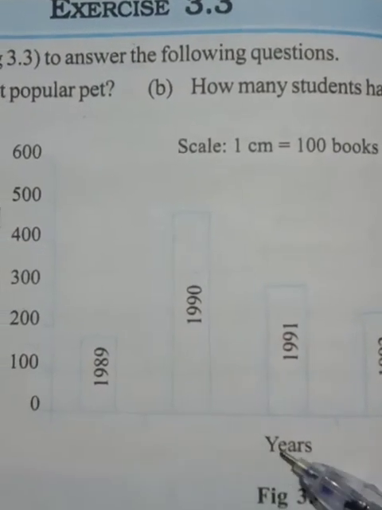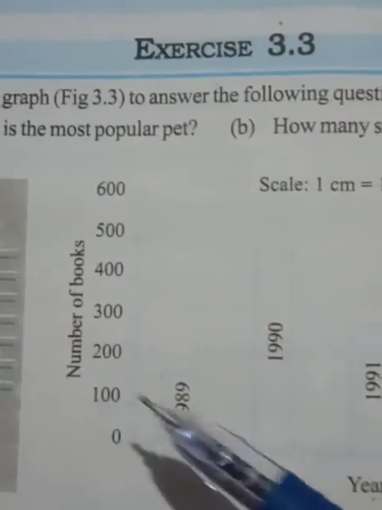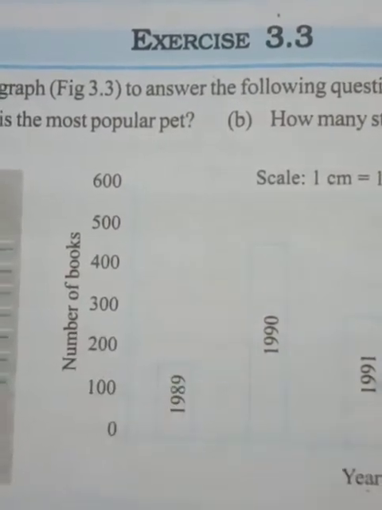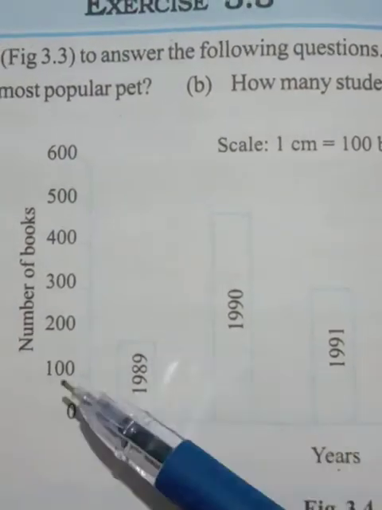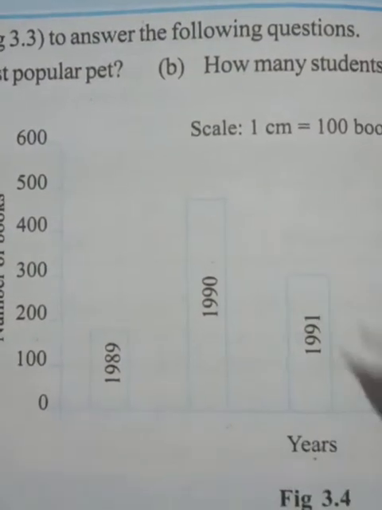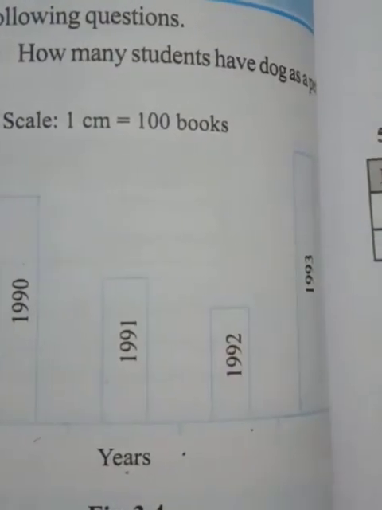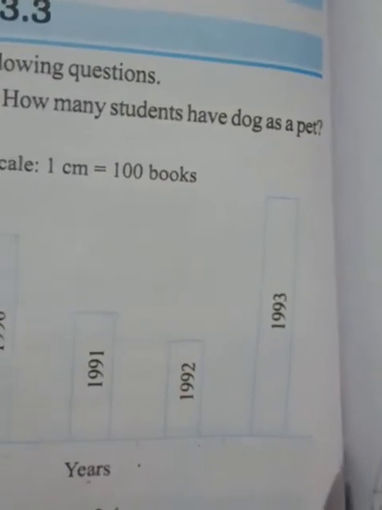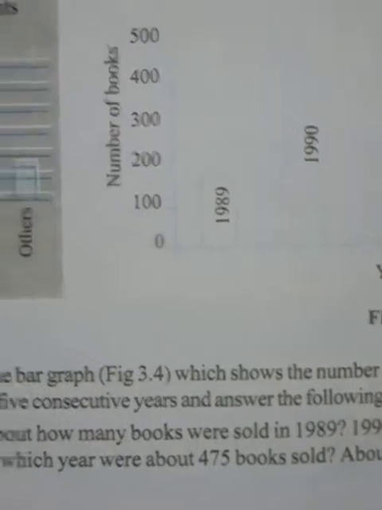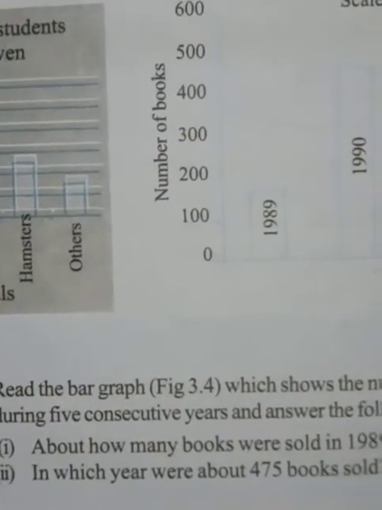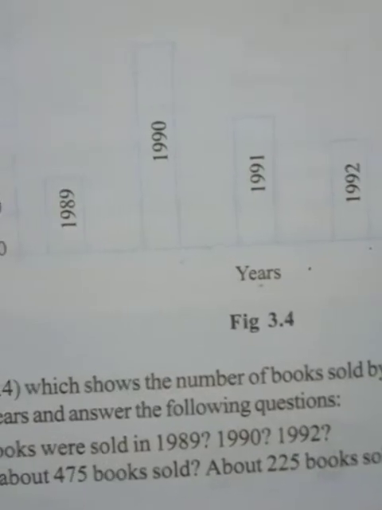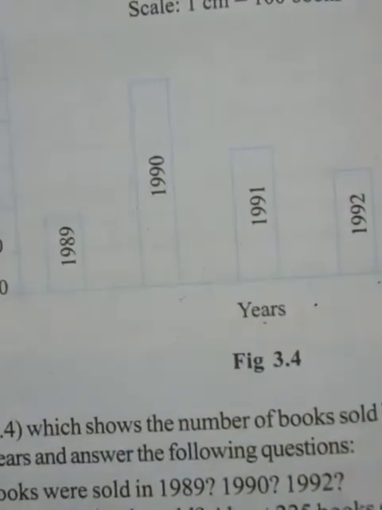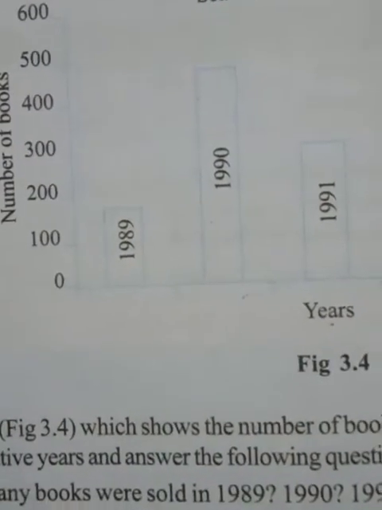Okay, in the x-axis they have given years, and then in the y-axis they have given number of books sold in the bookstore. That is, in 1989 how many books sold? 1990, 1991, 1992, and then 1993. Okay, first question, what they have asked is how many books were sold in 1989, 1990, 1992. Here we have to write down how many books were sold.